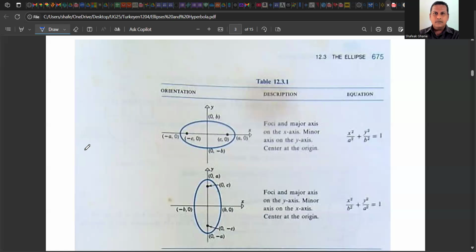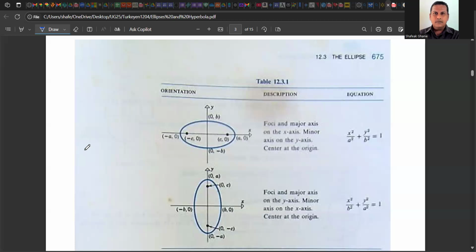One is oriented on the x-axis, the major axis being there, and in the other the major axis is on the y-axis. To be honest, you're having two equations here, but you need not memorize two equations. It depends on the size of A and B, and that will basically tell you where it's oriented.